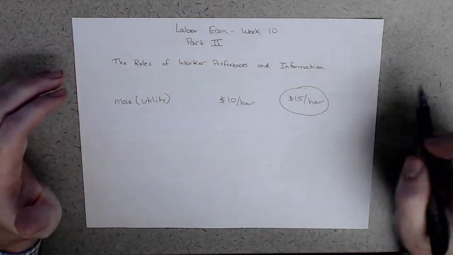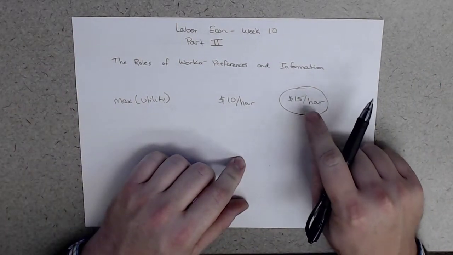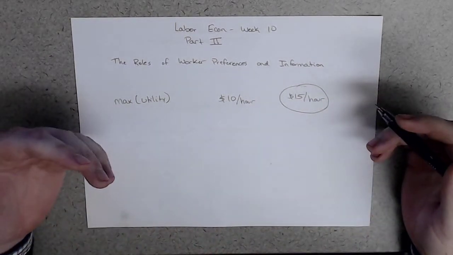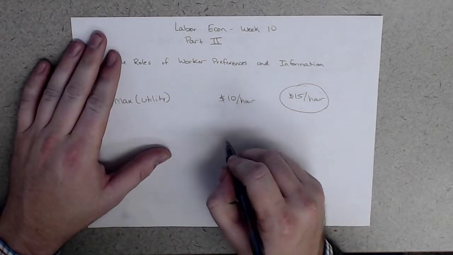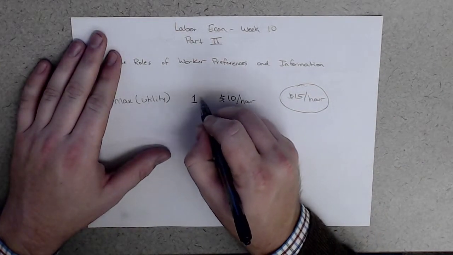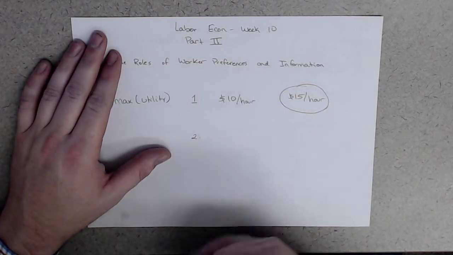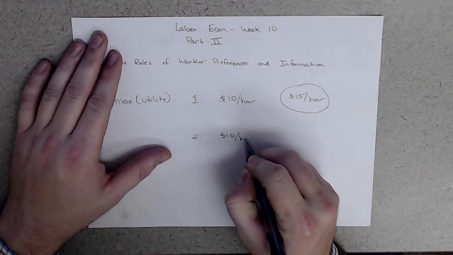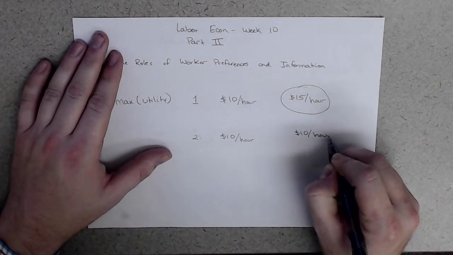Now, by the same token, just like we said, people prefer to have more money to less money. It seems like it should also be true that, let's say we have two jobs, option 1 and option 2, or problem number 2, I guess we should say. Each one pays $10 per hour, right?